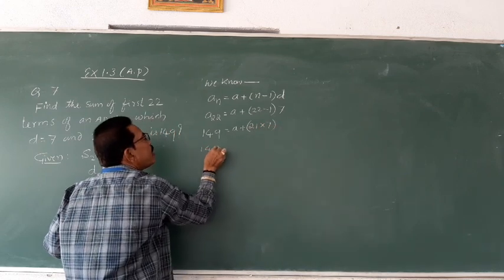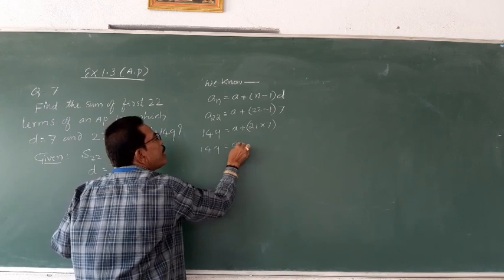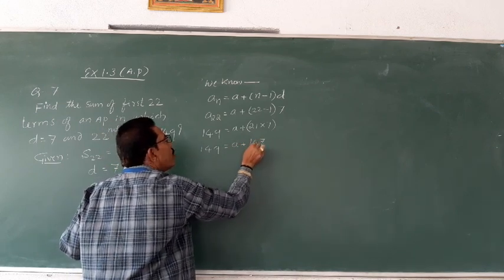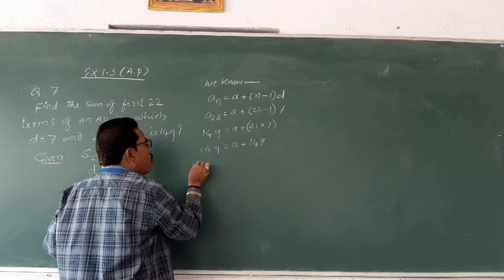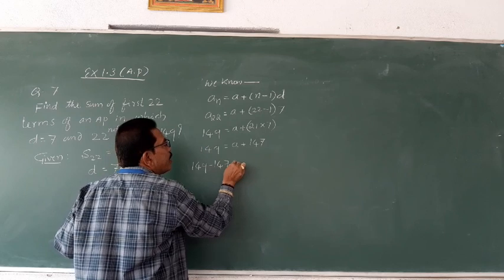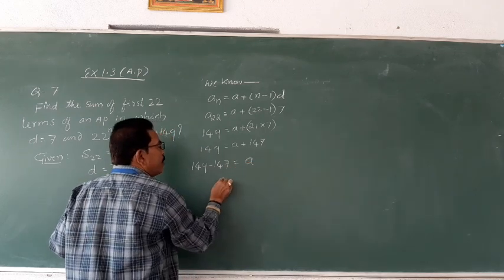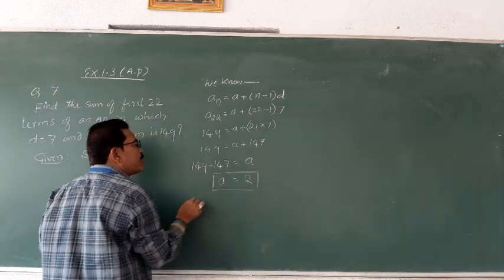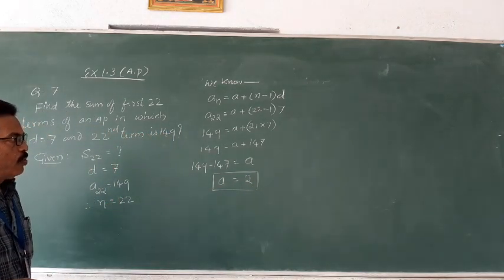So 149 equals a plus 147. 149 minus 147 equals a. Therefore a equals 2.